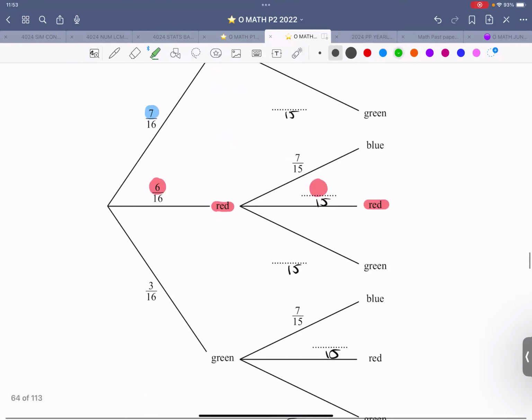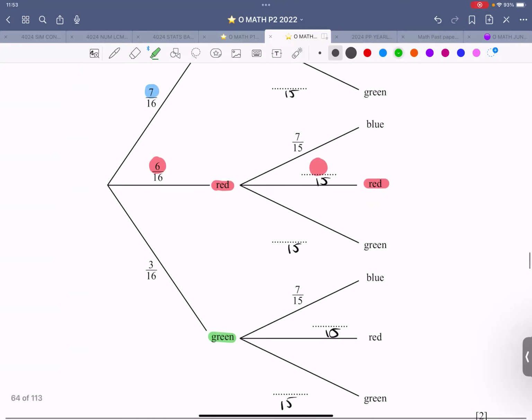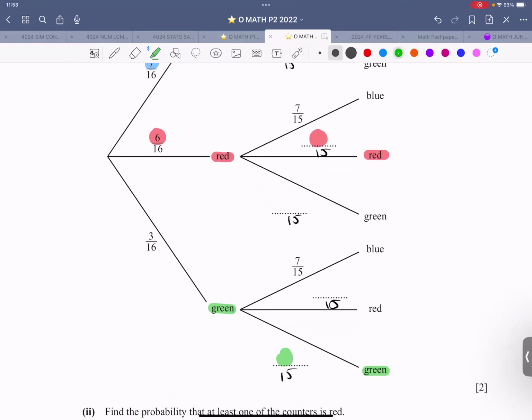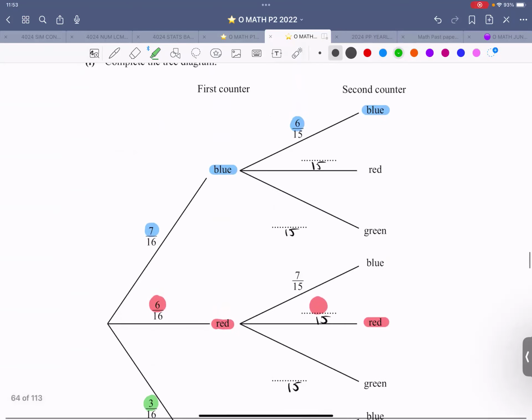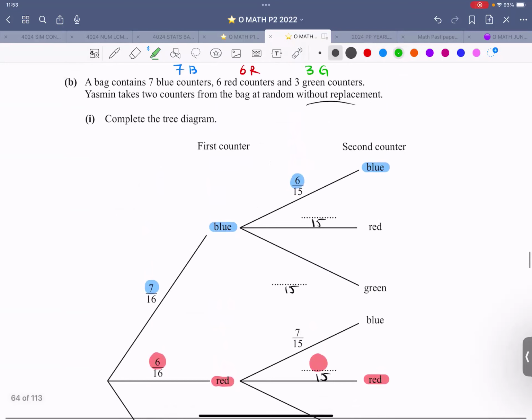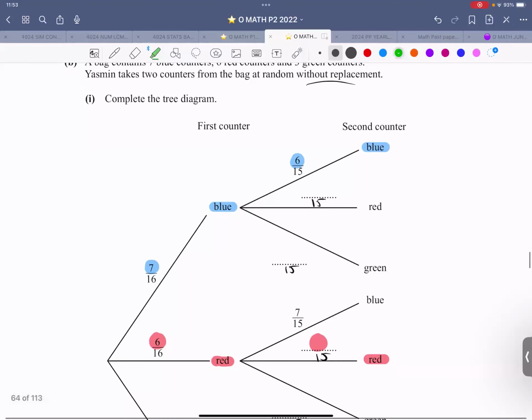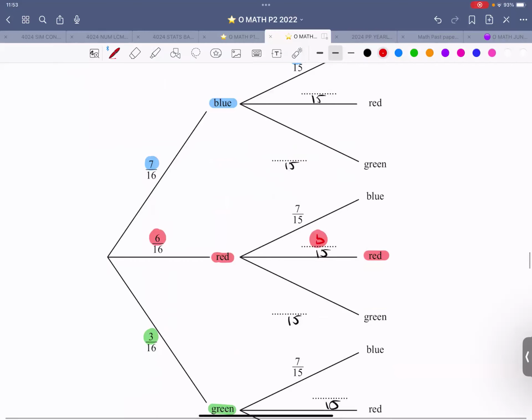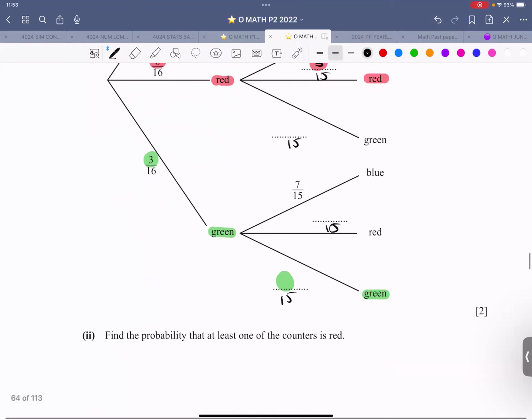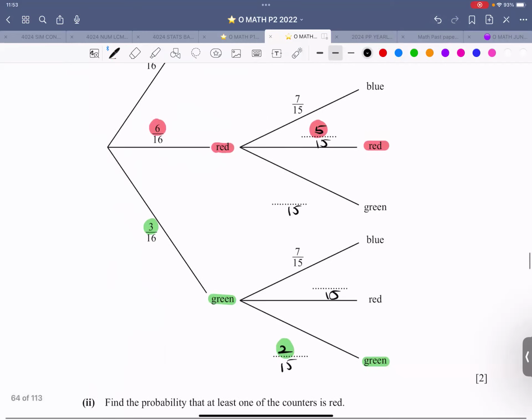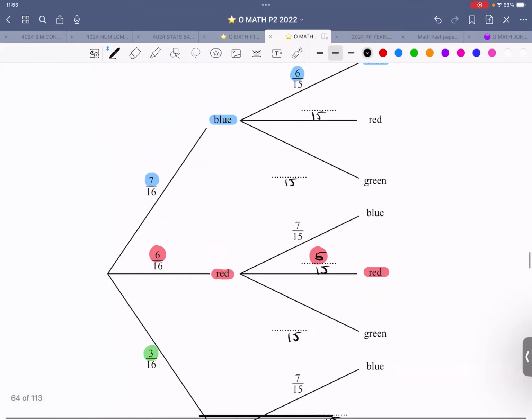Similarly, we can talk about green, and the last one is a green. So the numerator should also be reduced. So therefore, first of all, 7 becomes 6. That is perfect. 6 will become 5 over here. So that is 5. This is not visible. So let me just write it in black. And 3 will become 2. That's how it is.